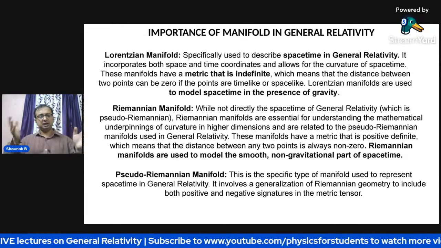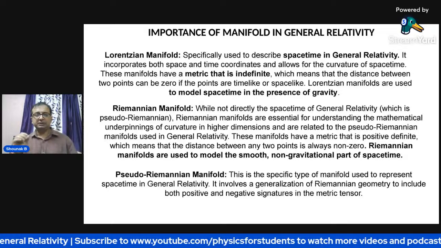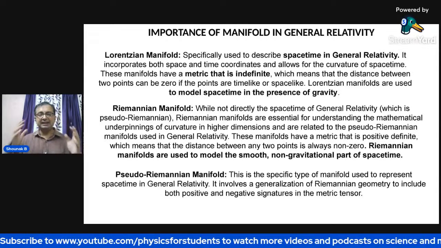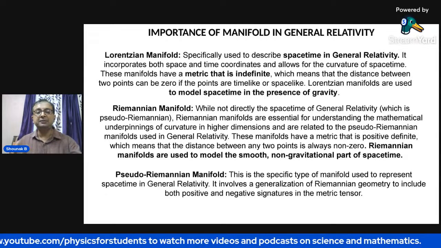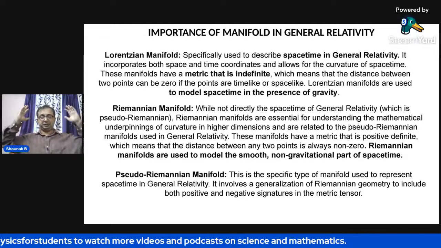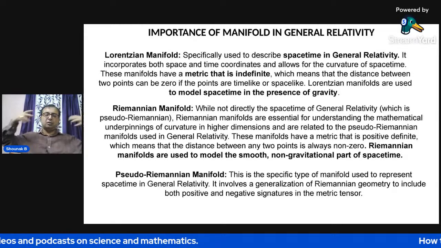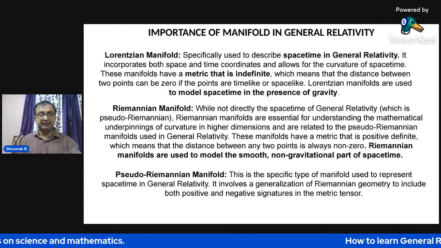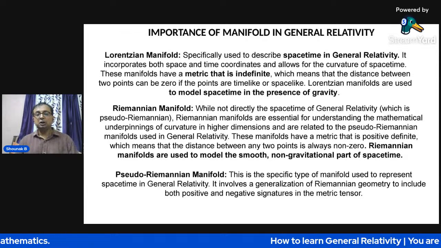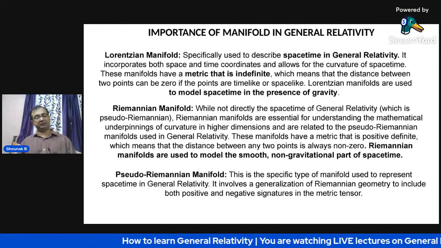I will show you the photograph also later. It incorporates both space and time coordinates, and these manifolds have a metric that is indefinite. Indefinite means it can go on forever. That is why it is indefinite. And Lorentzian manifolds are used to model space-time in the presence of gravity.